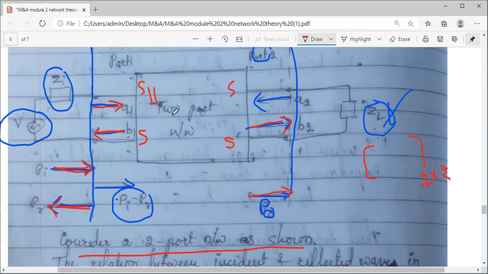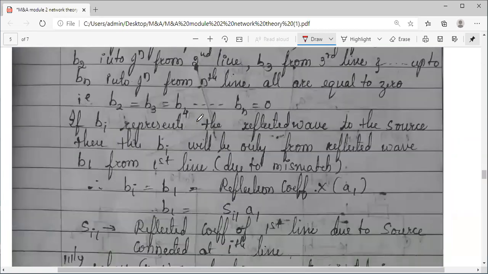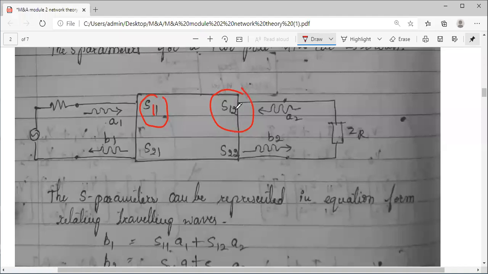S11, I think I have already shown the diagram.